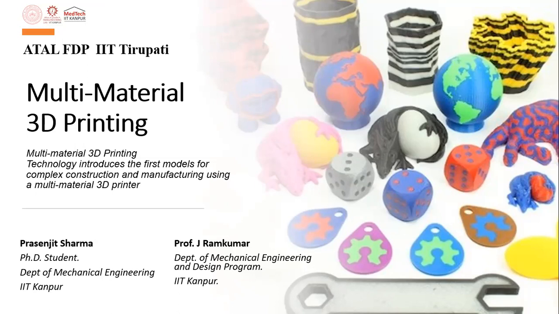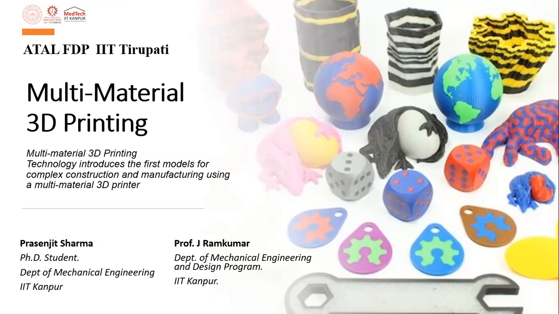So keeping this in mind, rapid prototyping came into existence. Initially it was thought of as rapid prototyping, and as and when the process matured and people started exploring and exploiting it more and more, the terminology slowly moved from rapid prototyping to rapid manufacturing.